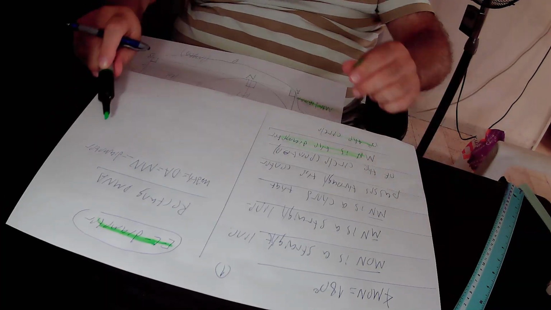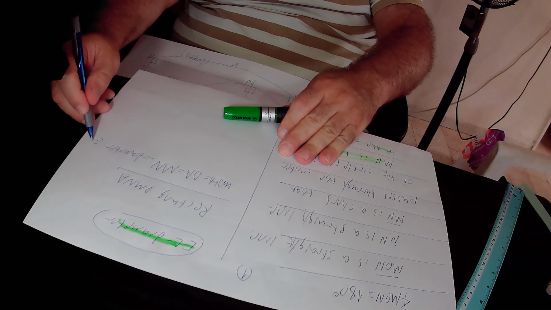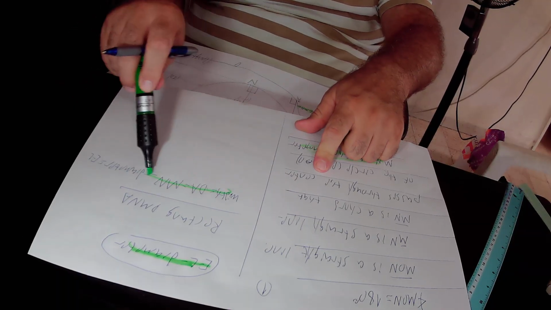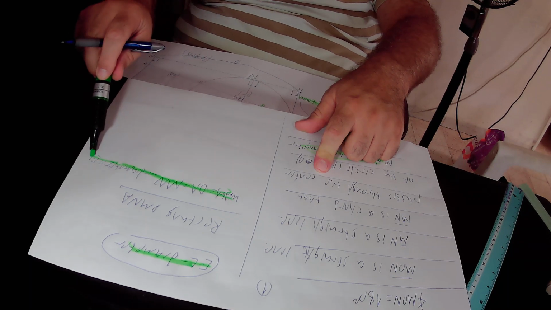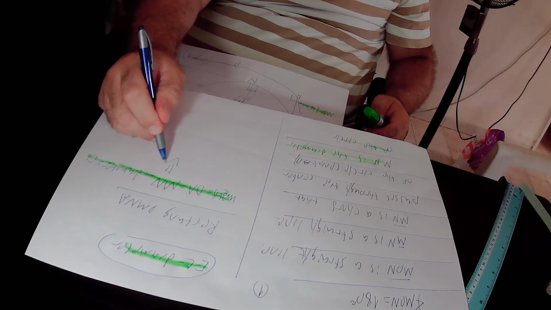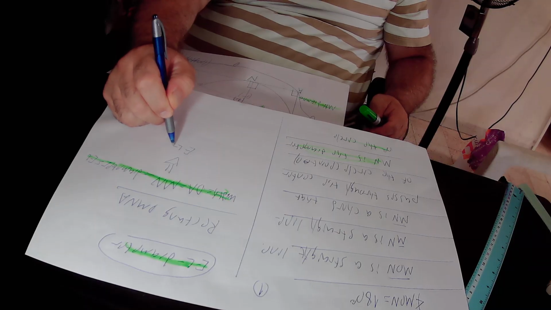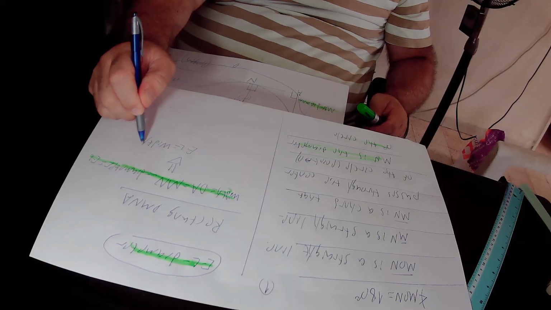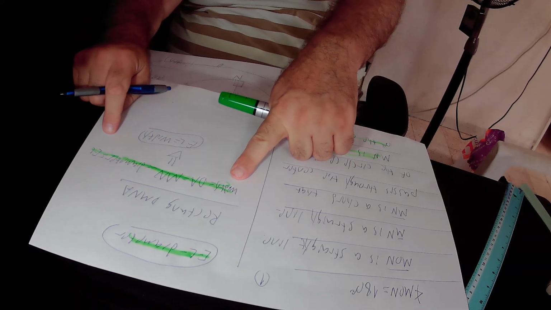And from this equation, the width equals DA equals MN equals the diameter equals EL. We will derive that EL is the width of rectangle ABCD.